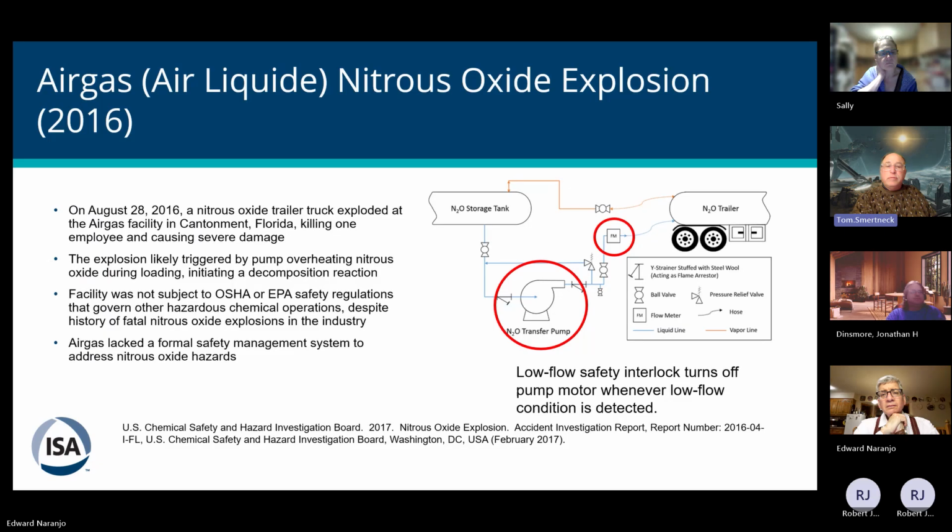You said the facility was not subject to OSHA or EPA safety regulations that govern, despite its history. Why? How does that happen? Did you answer that and I missed it? Yes.